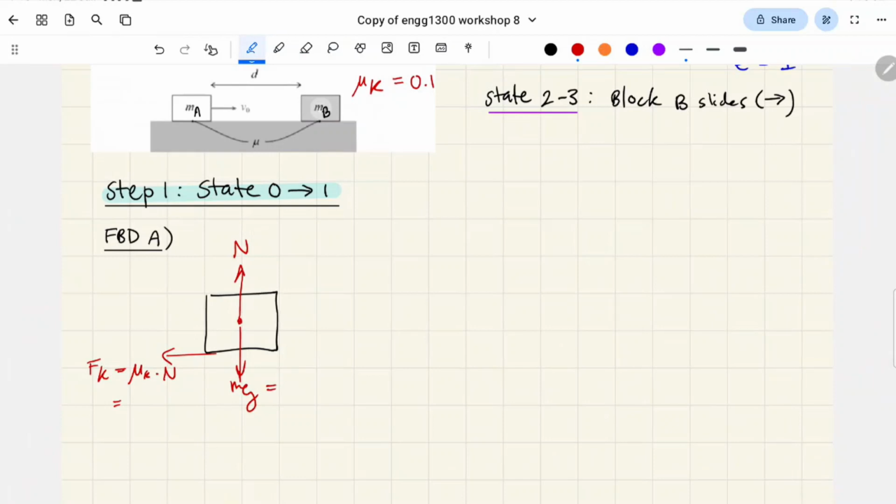We always go from weight to normal. Because there are no other vertical forces, weight is equal to the normal force. Then we can substitute N here, and we can substitute this for the coefficient of friction that we were given. We get that this is equal to this.